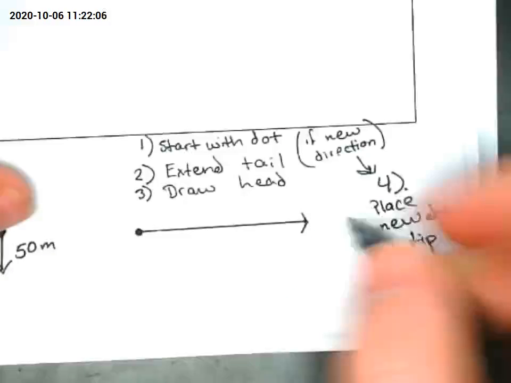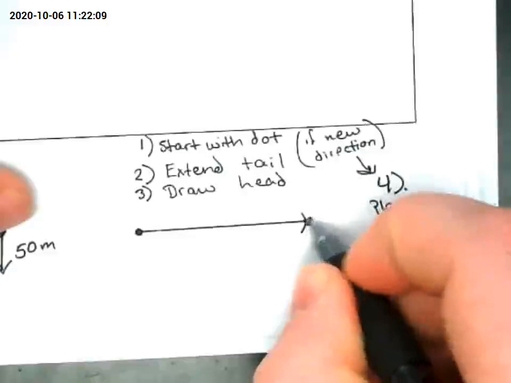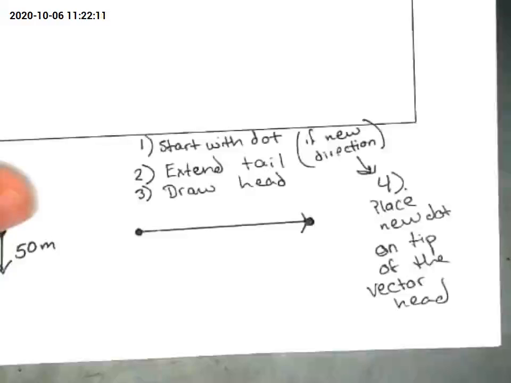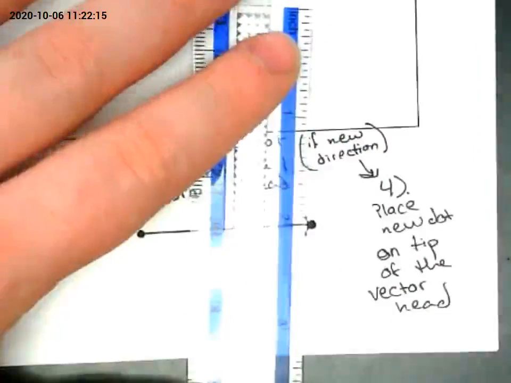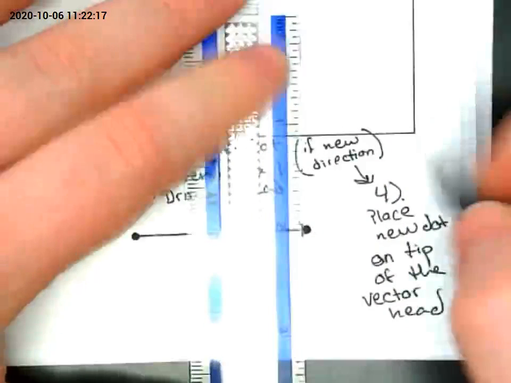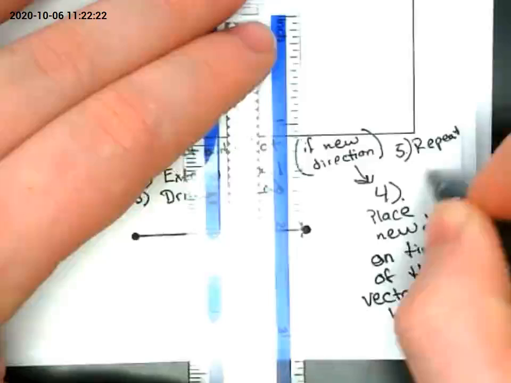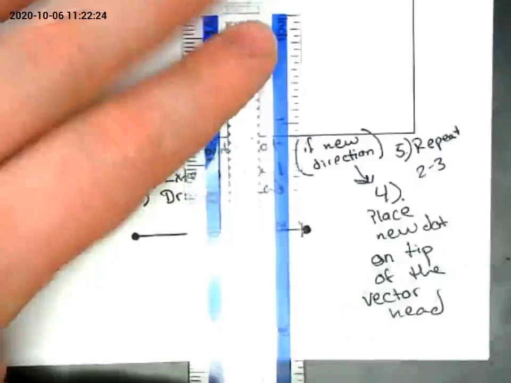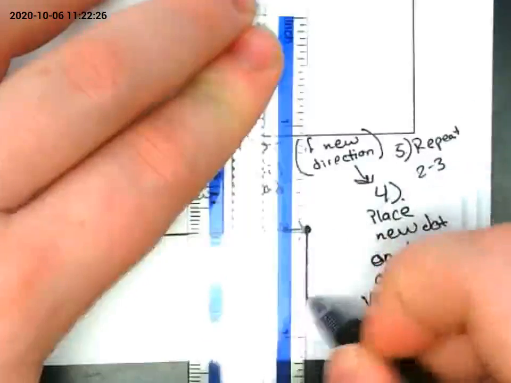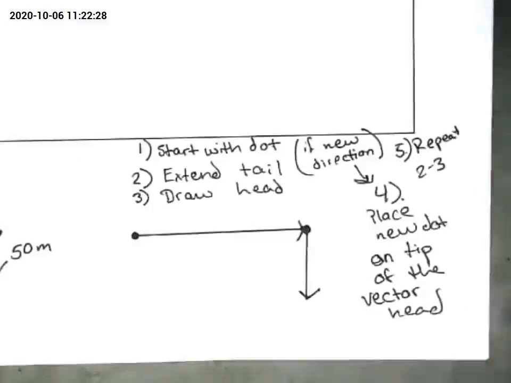We take our pen or pencil, and the new dot goes right at the end. Then the fifth step is to repeat steps 2 through 3, and just draw, and you have two vectors.